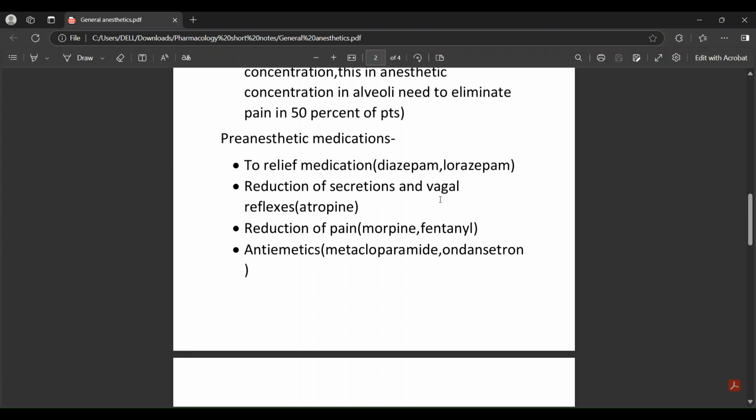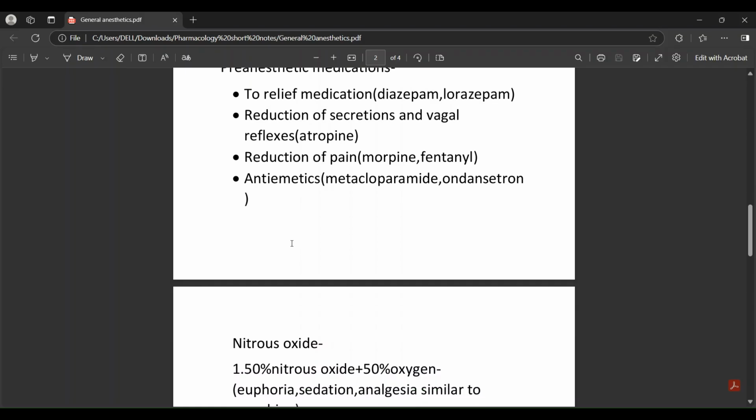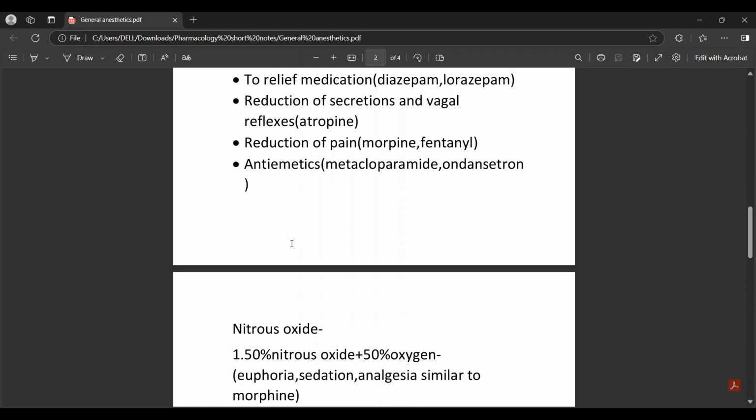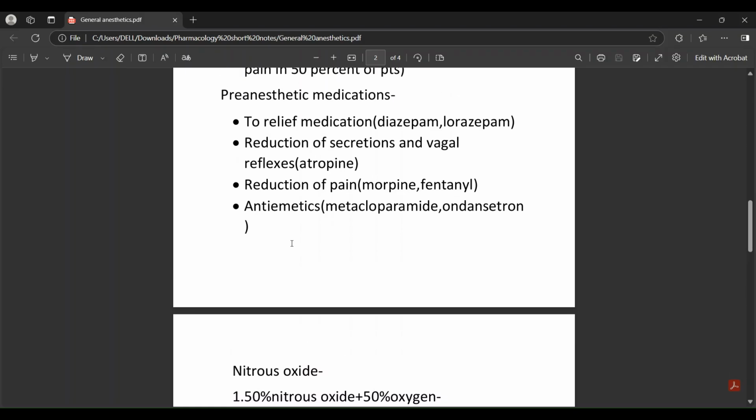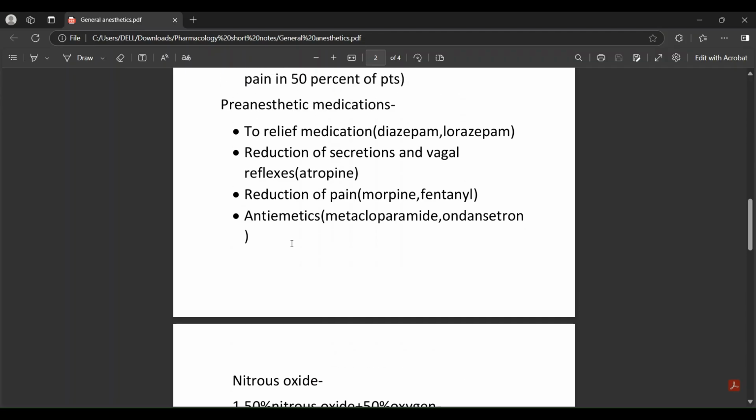They are mainly to relieve anxiety. For the reduction of secretion and vagal reflexes, you have to use an anticholinergic drug. Normally we use atropine, and for reduction of pain we use morphine and fentanyl. And there is a tendency to vomit, so we don't want that during or after the operation. So we use antiemetics, mostly metoclopramide and ondansetron.